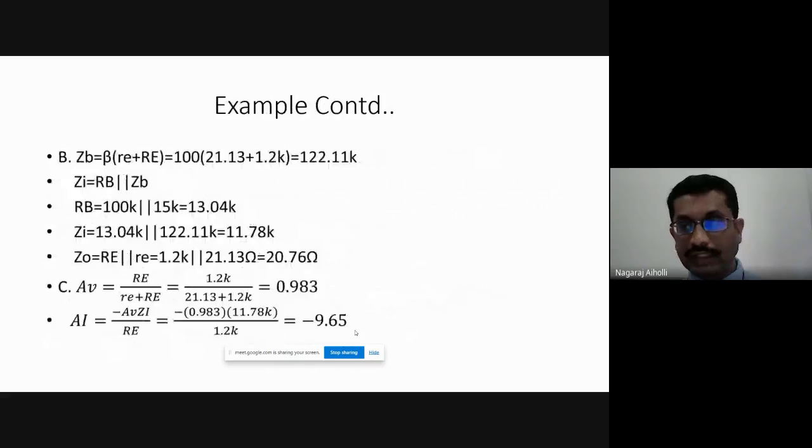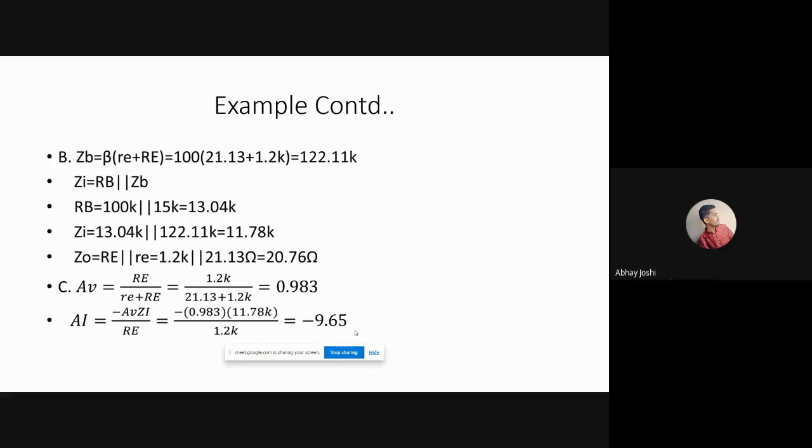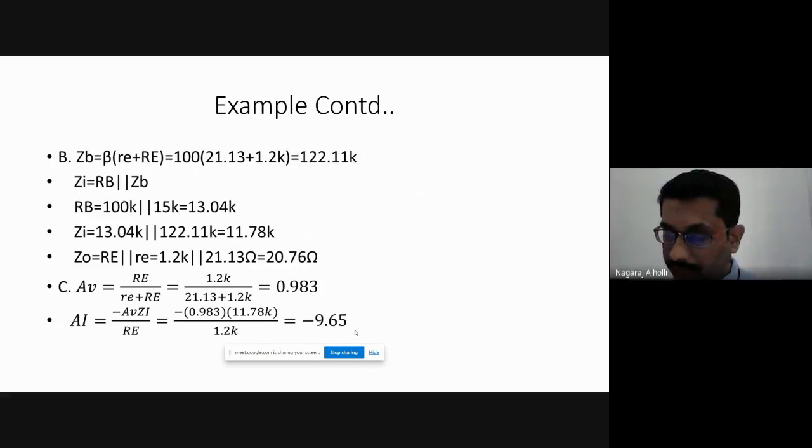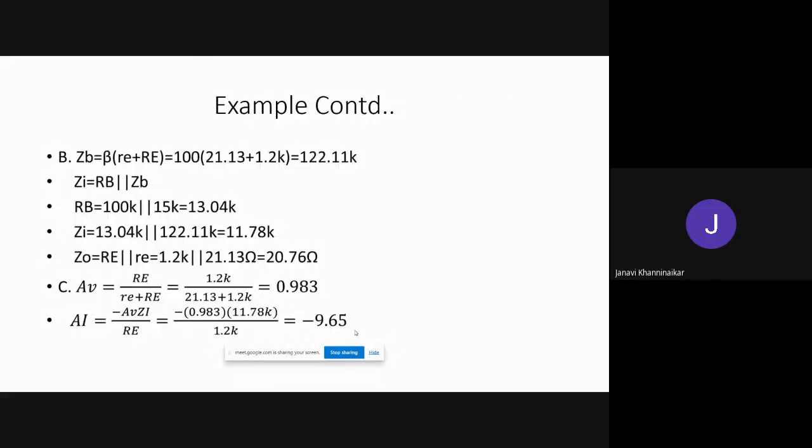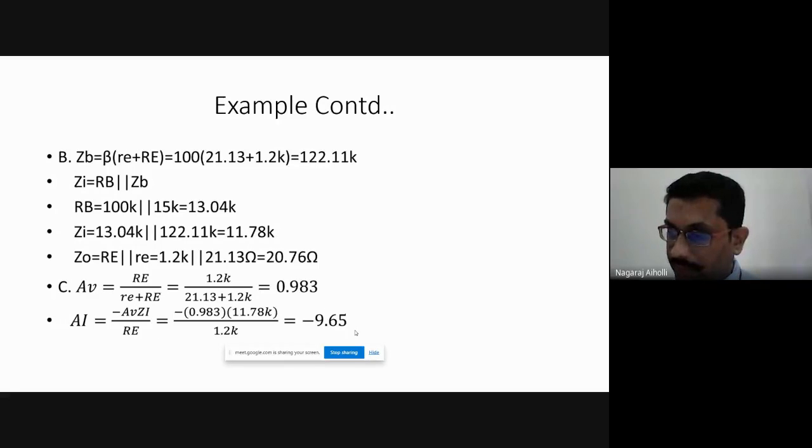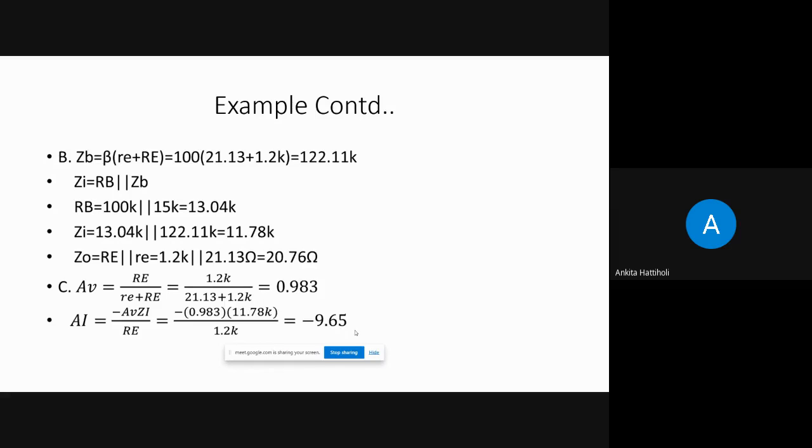Right? Any difficulty here, students? In today's topics, any difficulty? Abhay? No, sir. Understood, sir. Understood? Yes, sir. Okay. Ratan? Birje? Janvi? Understood, sir. Fine. Ankita? Yes, sir.